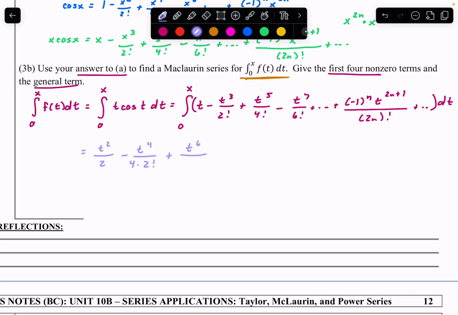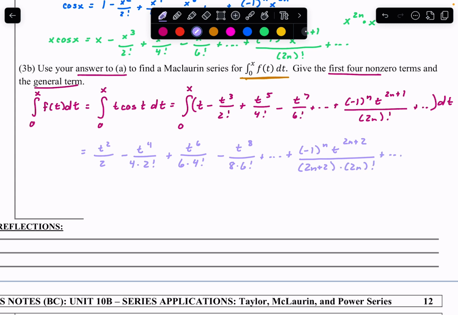T to the 6th over 6 times 4 factorial. T to the 8th over 8 times 6 factorial. Plus, so this is, you add 1, right? So t to the 2n plus 2 over that same value, 2n plus 2, times the 2n factorial.